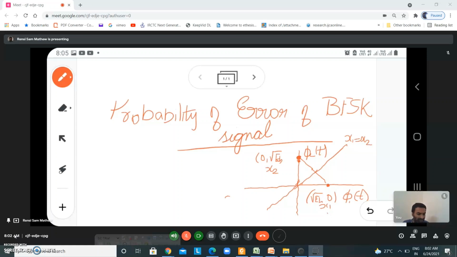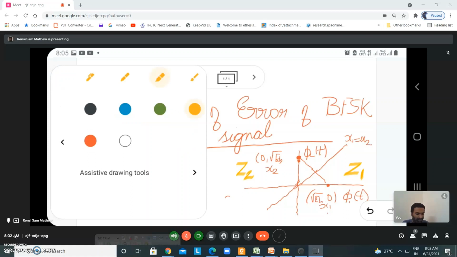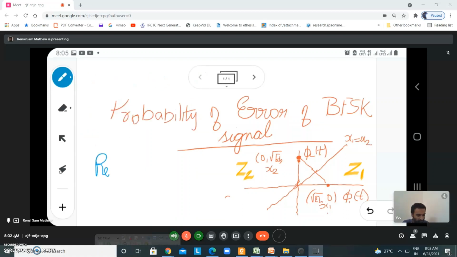And we have two regions, as previously we told, Z1 and Z2. So what will be the region Z1? Region Z1 will be the place where x1 is greater than x2. Remember, x1 and x2 we talk in terms of the received signal.